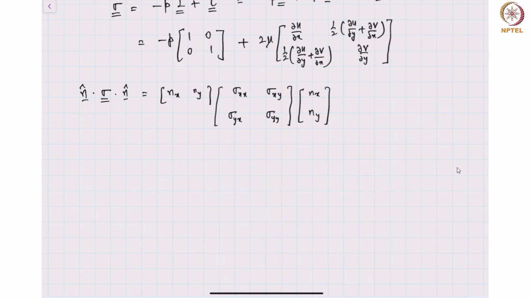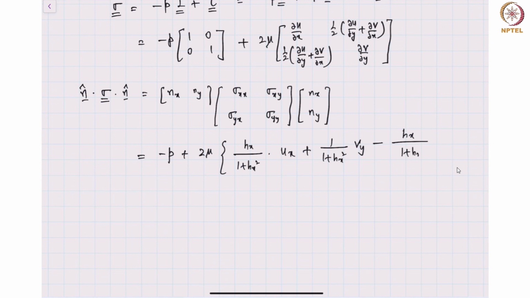If you do this, you should be able to verify that n dot sigma dot n will be minus p plus 2 mu of hx by 1 plus hx square times ux, where ux stands for partial u by partial x, plus 1 by 1 plus hx square times minus hx by 1 plus hx square times uy plus vx.